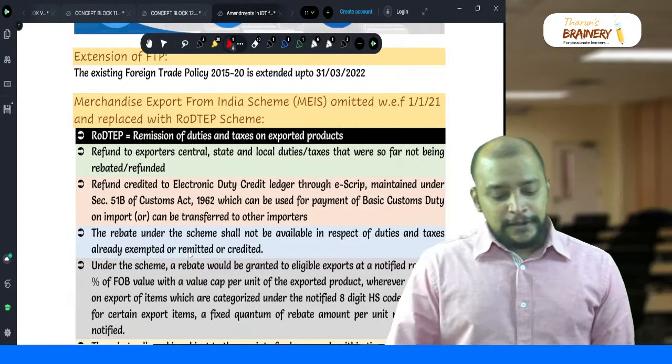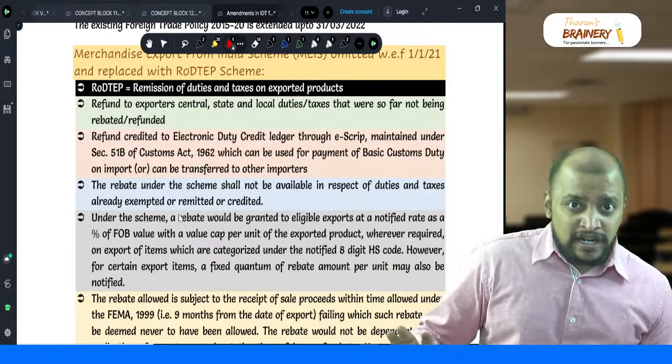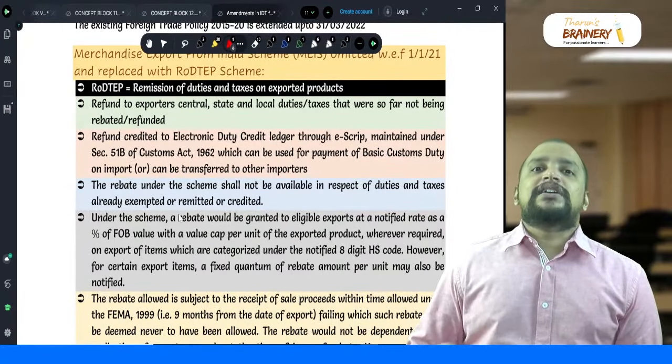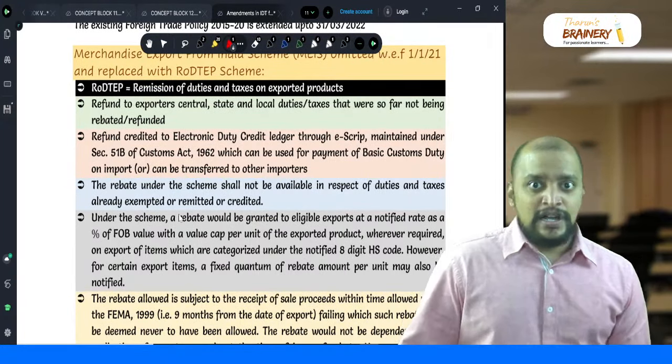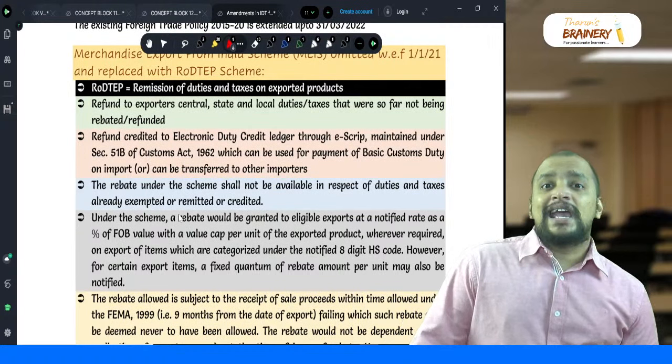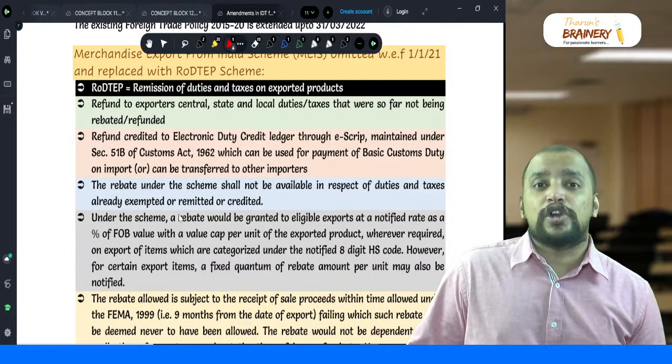Okay, and this refund, whatever is there, will not be given in cash, but will be credited to their duty credit ledger. So whenever they export against a shipping bill, they need to generate an e-script, electronic script.